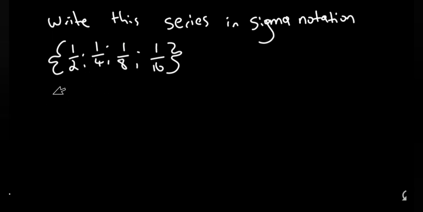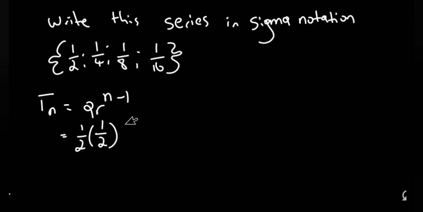So Tn is equal to a times r to the power of n minus 1. a is our first term, which is half, and the ratio for this sequence is half: 1 over 4 divided by half gives half. So our ratio is half, and the power is n minus 1. This is our general equation for this series.